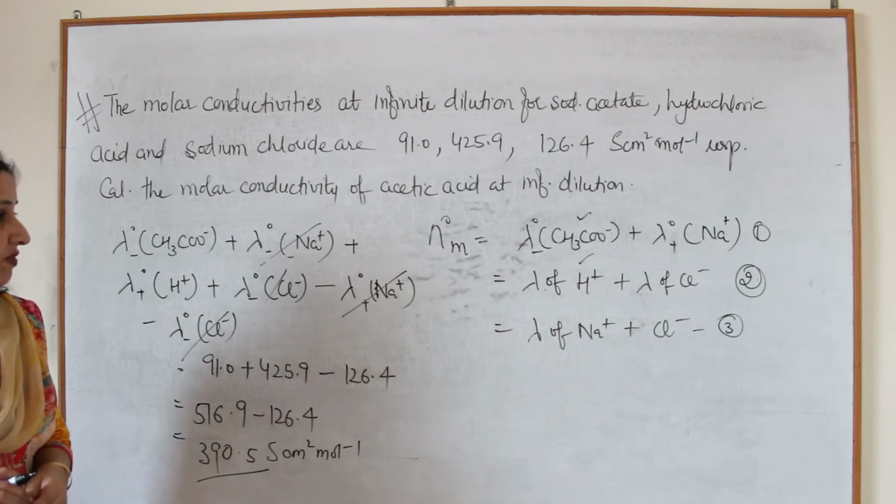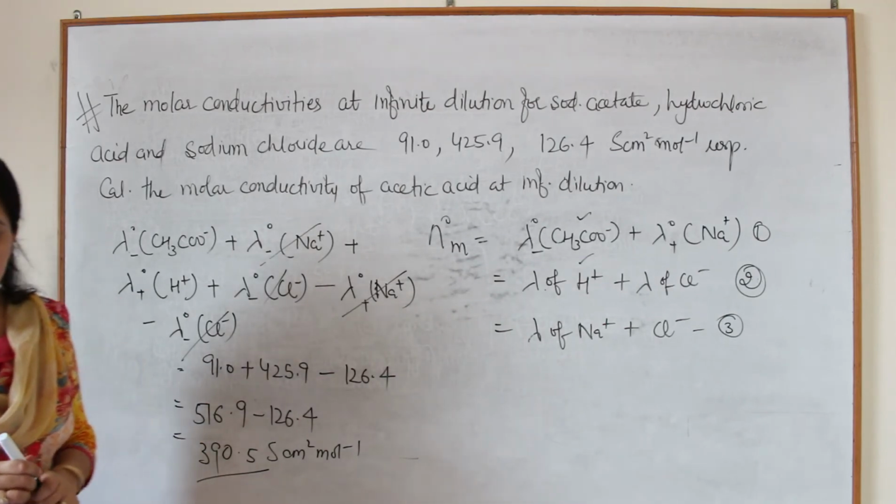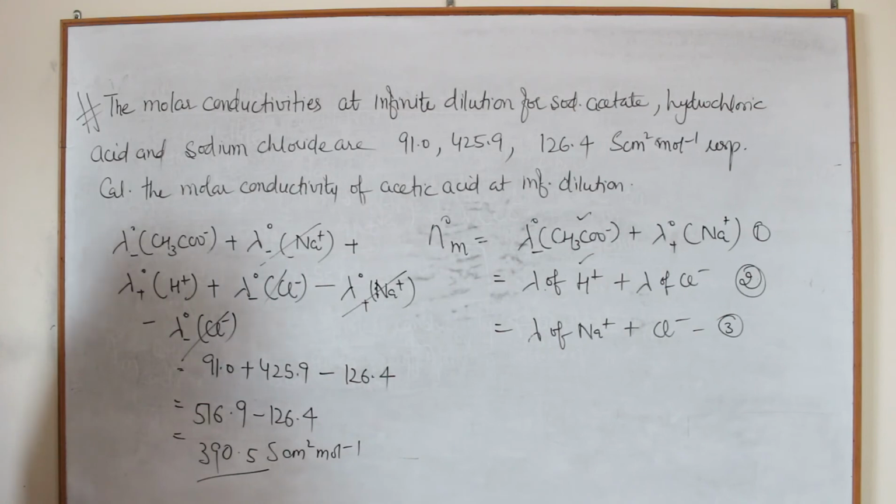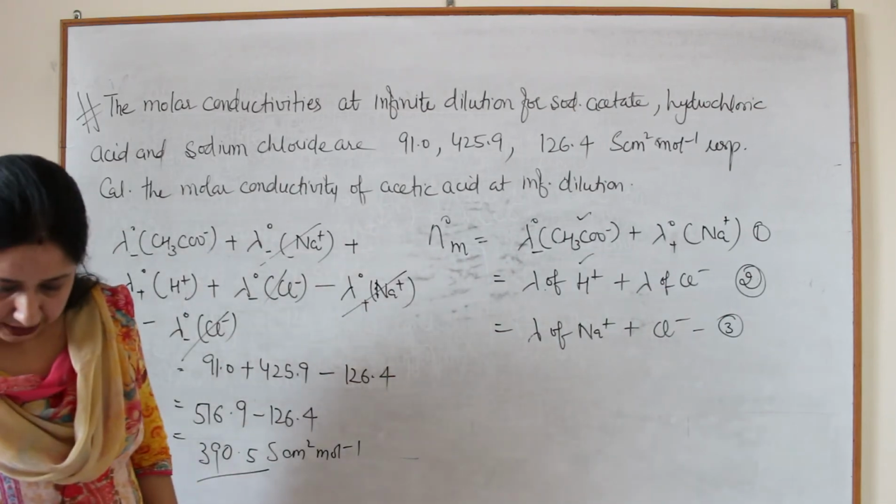So with the help of given data, we can calculate lambda naught m for any weak electrolyte.